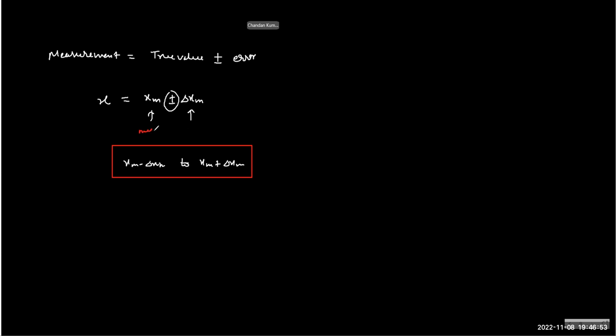So how to interpret what is written on the right of plus minus: that term is representing the error, and what you write before plus minus is called the true value or the mean value. I hope this is clear to all of you.